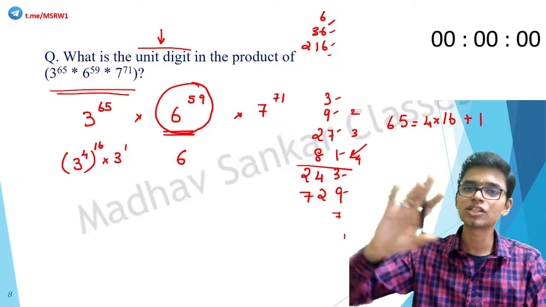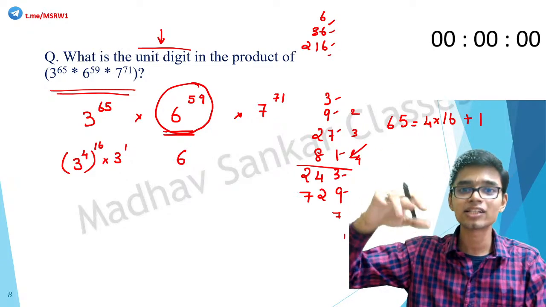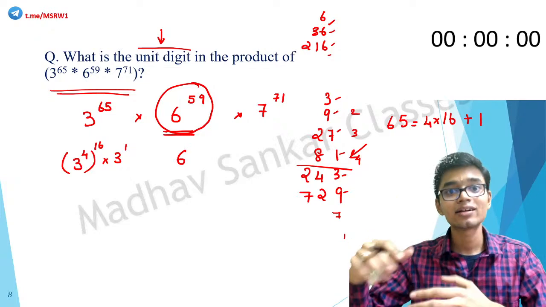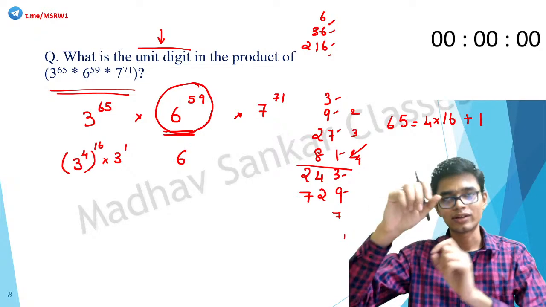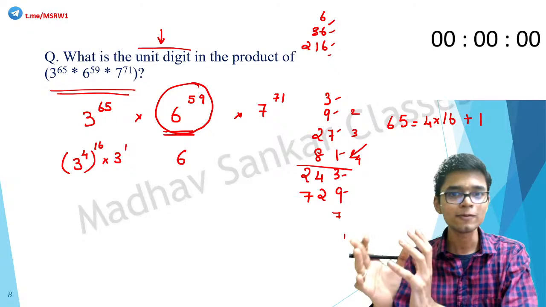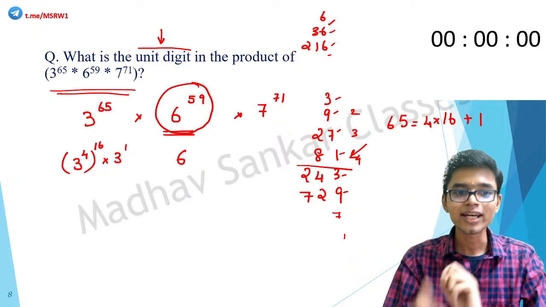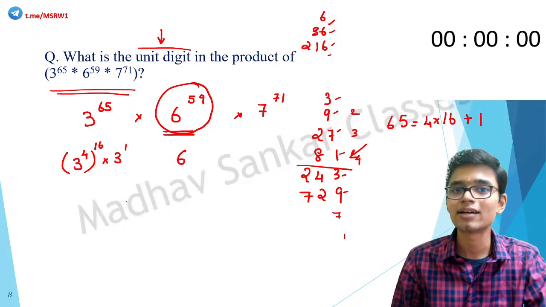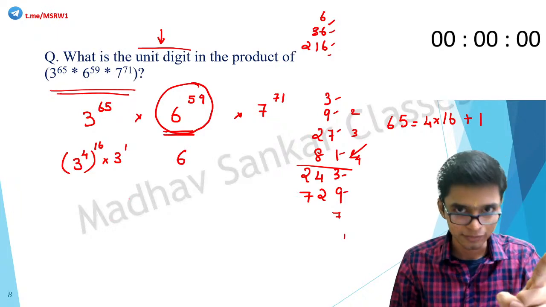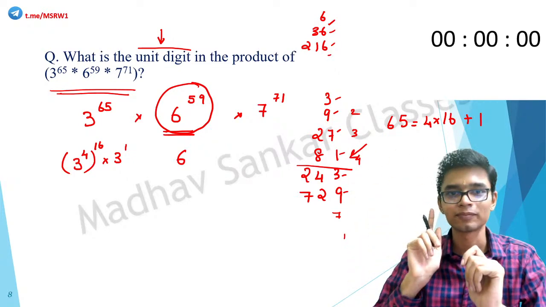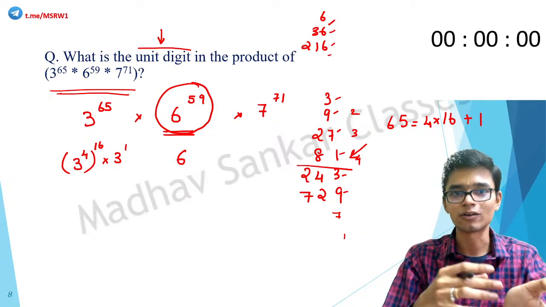Think about it. 1 raised to everything is 1. 11 raised to 1 is 11, 11 raised to 2 is 121, 11 raised to 3 is 1331. So if the unit digit is 1, then its powers will also end with 1. So here, what is the advantage? 3 raised to 4 is 81, so for any power of that, the unit digit will be 1 only. Clear? So we can easily solve this.